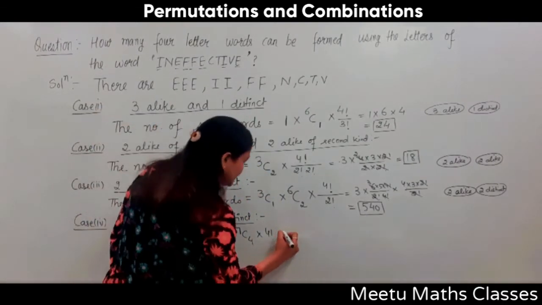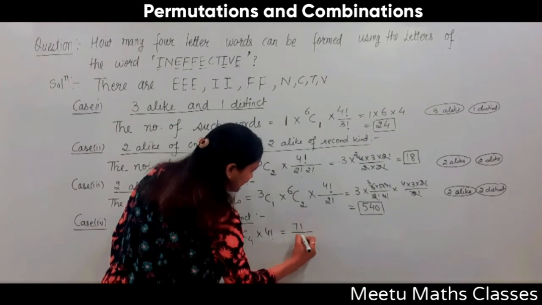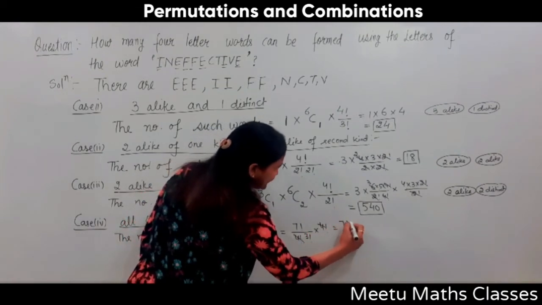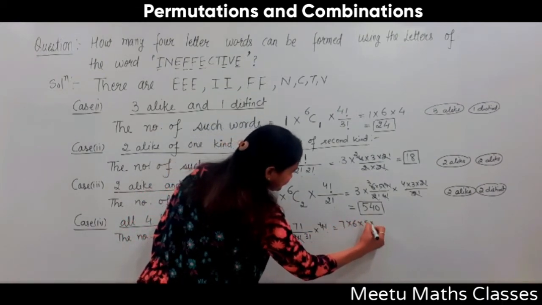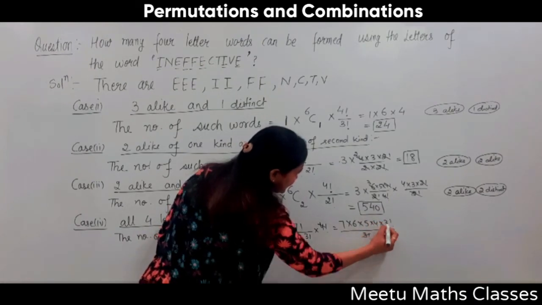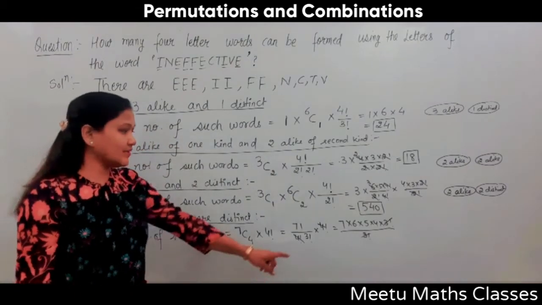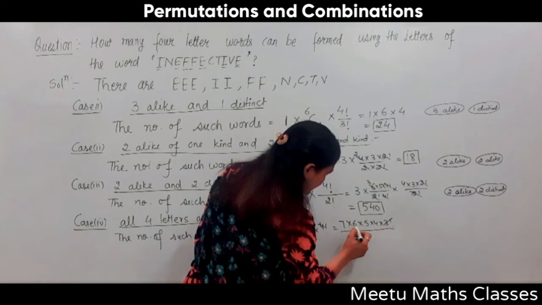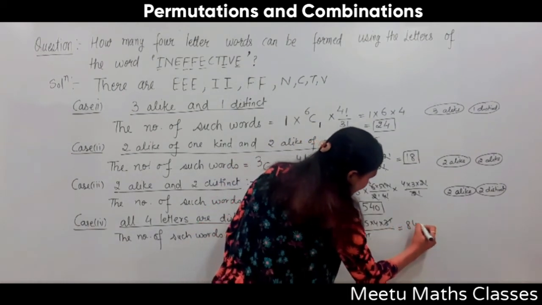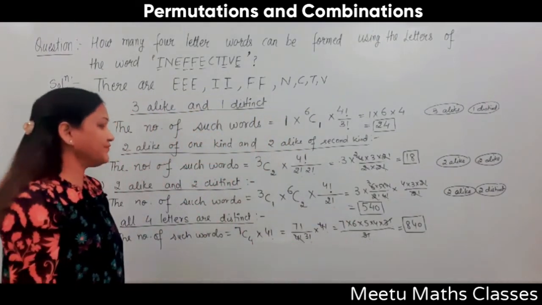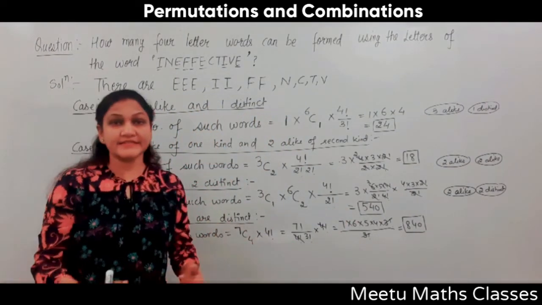So this will be equal to 7 factorial upon 4 factorial into 3 factorial, multiplied by 4 factorial, and that will be equal to 7 factorial upon 3 factorial. 3 factorial will cancel out, and your answer is 840. So 840 such words will be possible in which all the 4 letters are distinct.